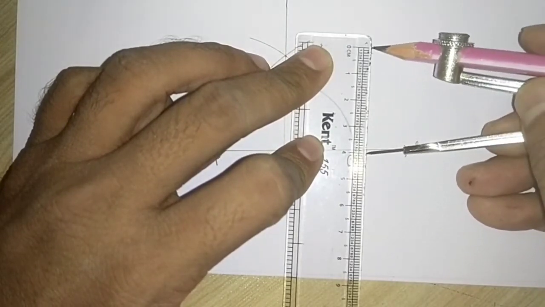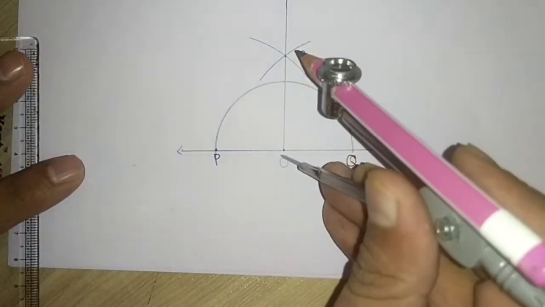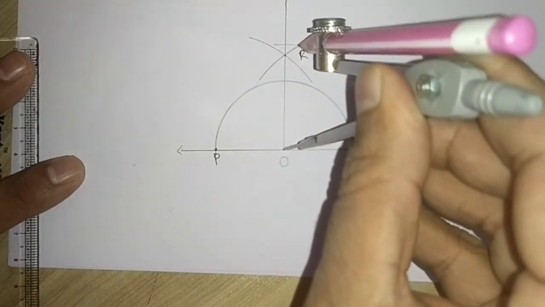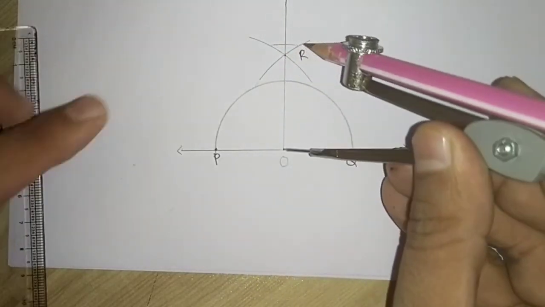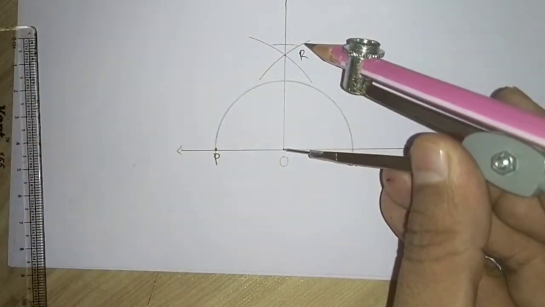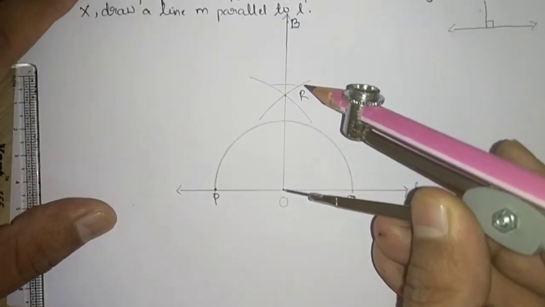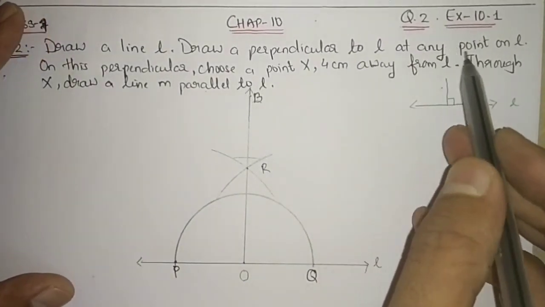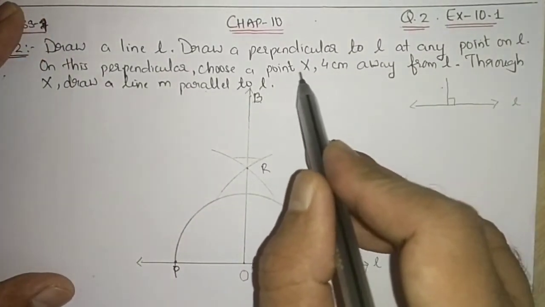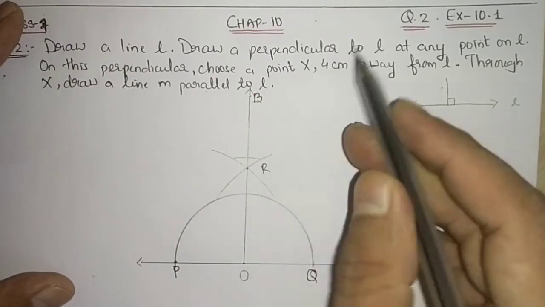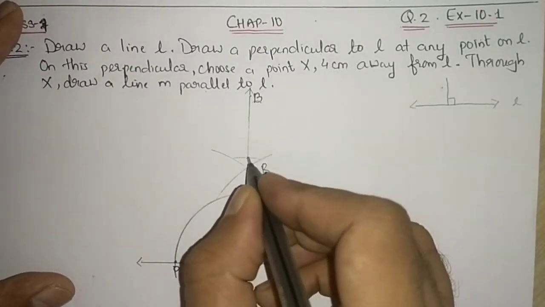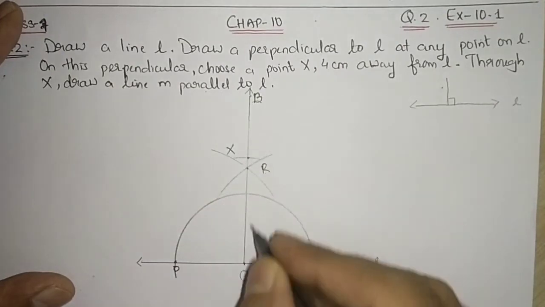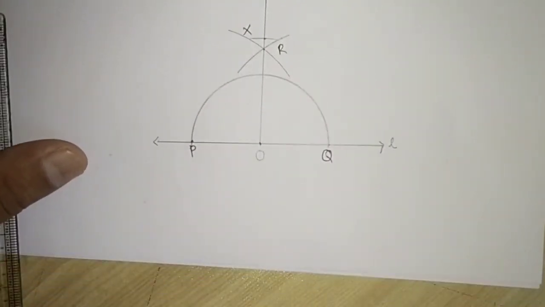Put the needle on O with radius equal to 4 centimeter and cut one arc on OB. Name it as X. See, they have told cut one arc, a point X which is 4 centimeter away from L. So this is our point X and this is the 4 centimeter radius which we have done with the compass.